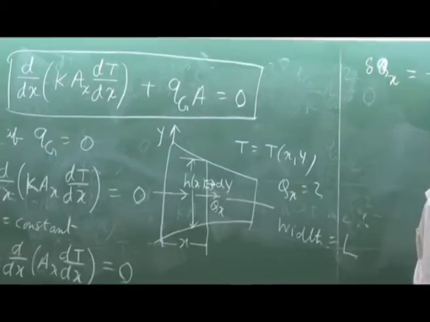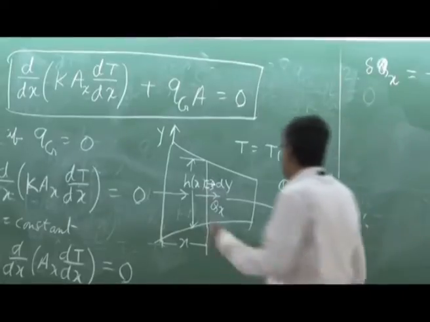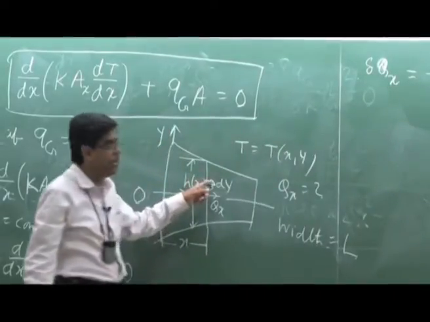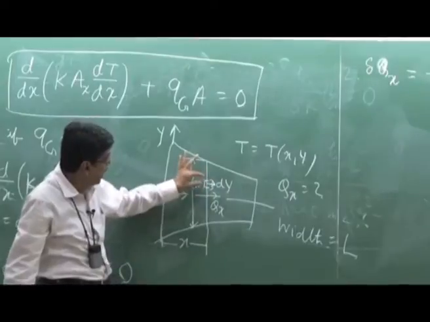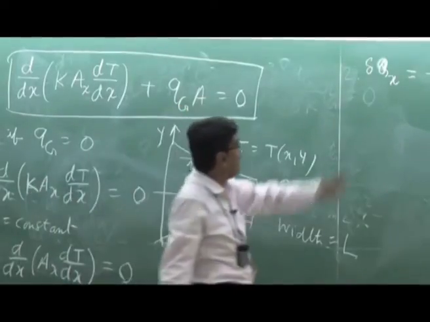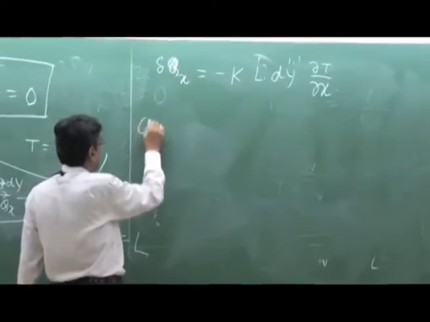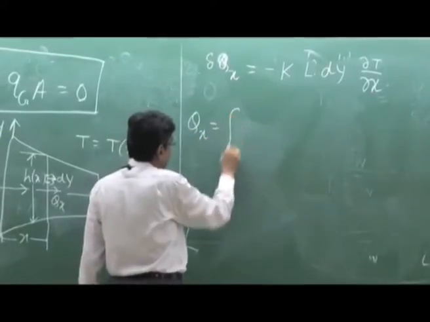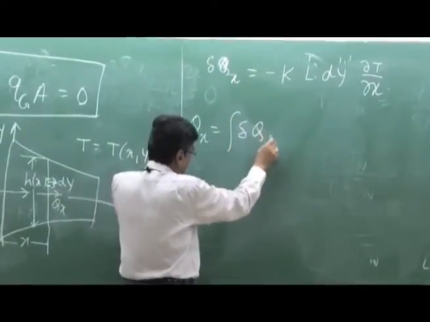Minus K L dy into del T del x at that particular y, because T is a function of y also. So, del T del x will vary from point to point. I take an element dy, so that I can integrate. That means Qx is nothing but the integration of del Qx.